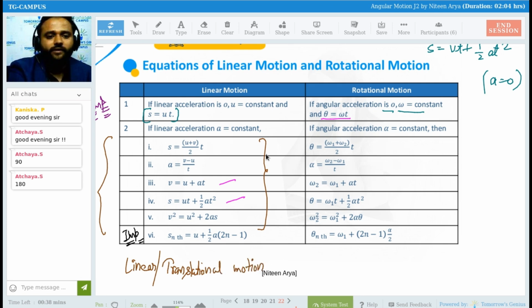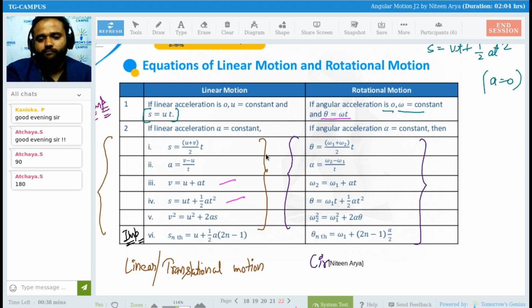And on the right hand side, whatever we are seeing is everything for circular or rotational motion.